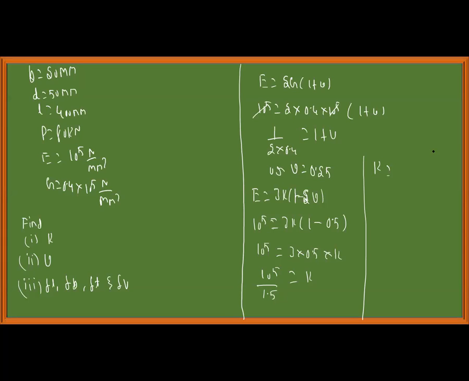You tell me in terms of 10 power 3? 66.67 into 10 power 3. Yes. K is equal to 66.67 into 10 power 3 Newton per mm square.